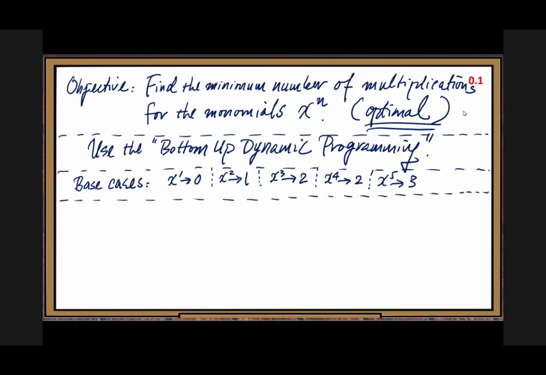Then, at higher levels, we do iterations. We do the recursion, but bottom up, like Fibonacci numbers. Not top down, from bottom up.